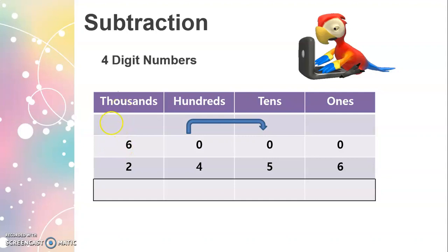Okay, we borrow from the 1,000 place and 0 of 100 place becomes 10. Now the 6 of 1,000 place is 5 now. And the 100 place has ten. This 10 will give 1 to the 0 of the tens place.